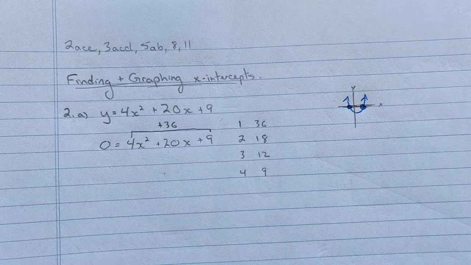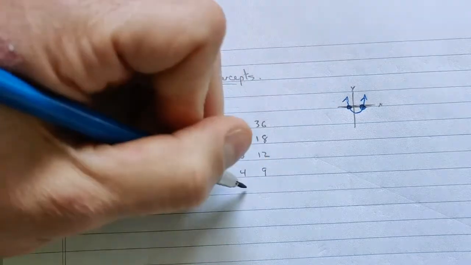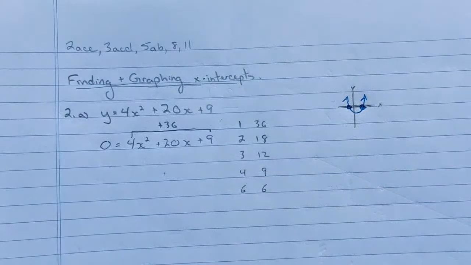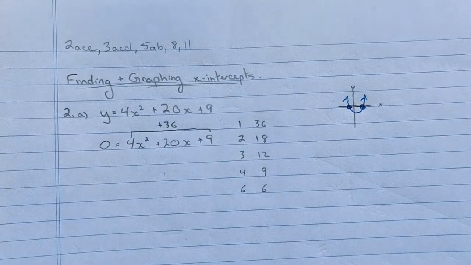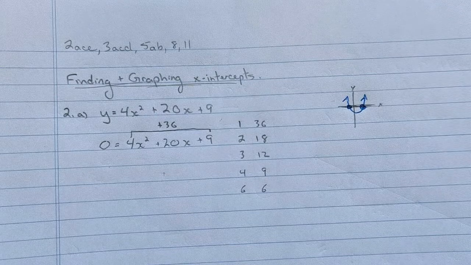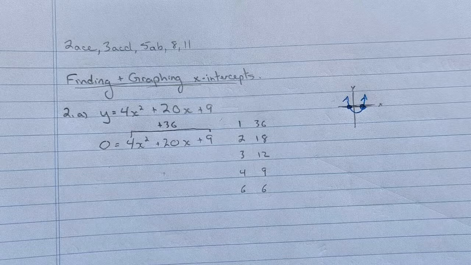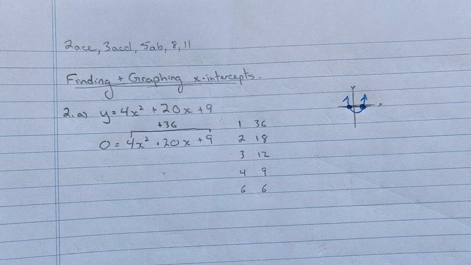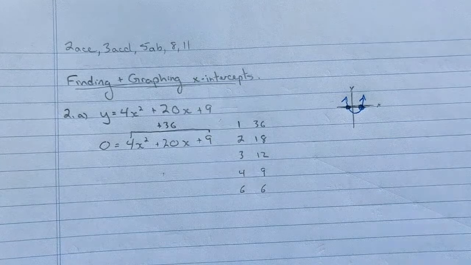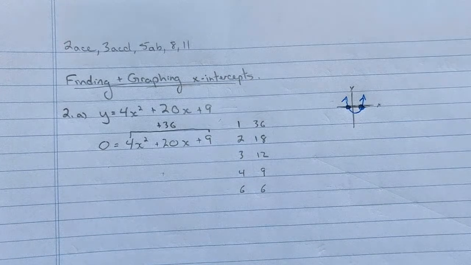Am I missing something? 6 and 6. I think I got everything, so we should have an unfactorable equation. Let me see here. Yeah.